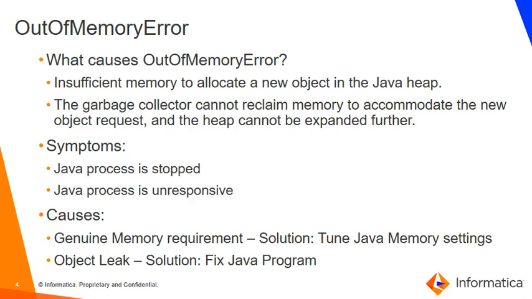So this situation can be described as an object leak. To fix this situation, the Java program must be redesigned or bugs must be fixed to ensure only required objects are held in the Java process's memory.